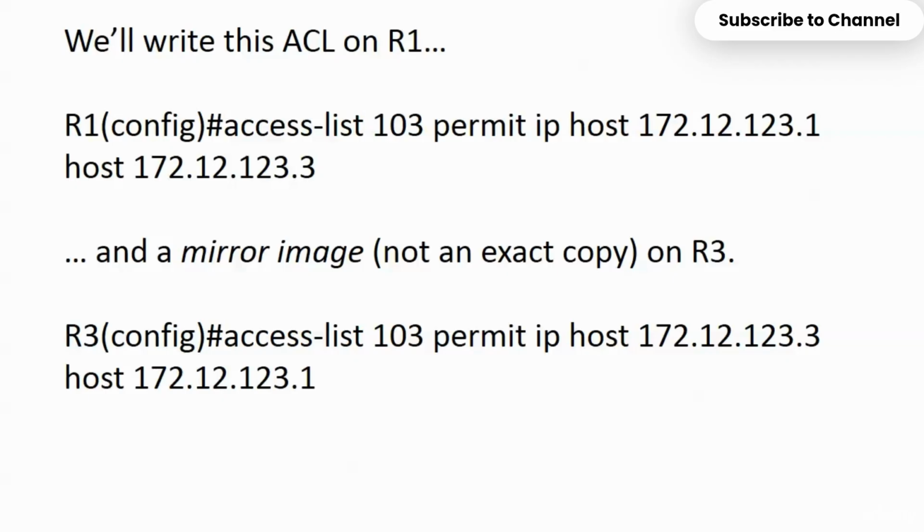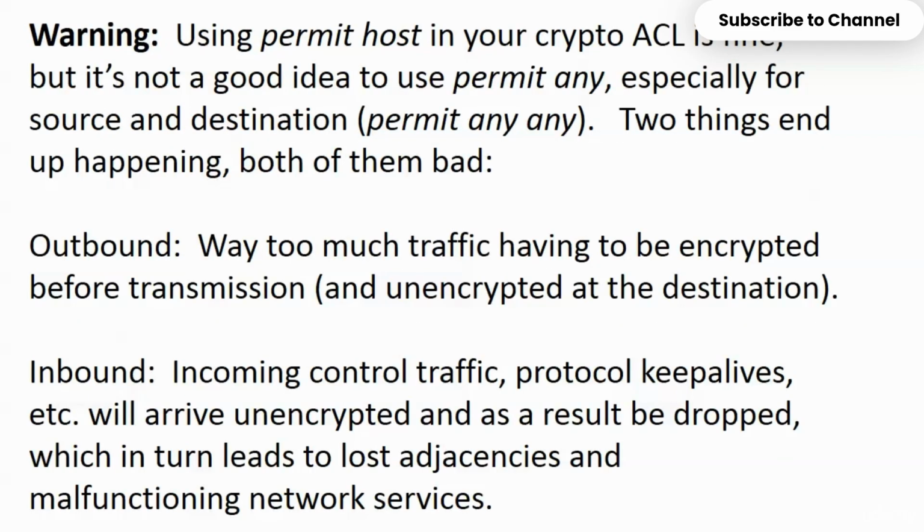Okay? One more warning, and this is from Cisco and from me. Using the permit host statement in your crypto ACL is perfectly fine, but you should be very wary of using permit any in an ACL that's going to serve as a crypto ACL, for both source and destination, because two things end up happening, and both of them are bad.